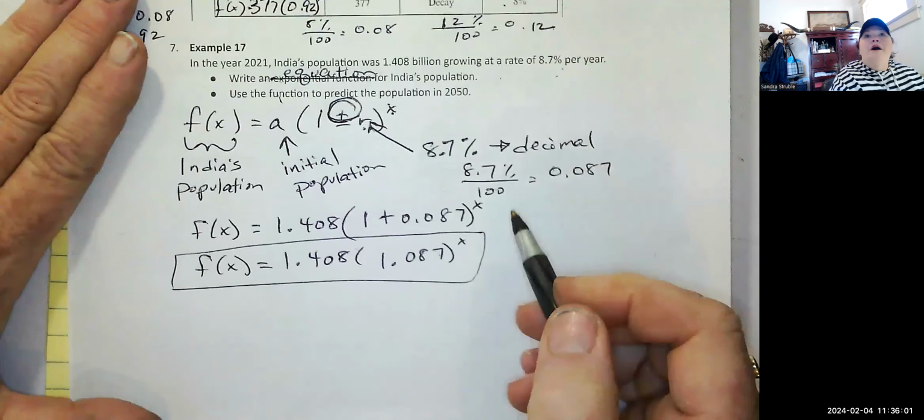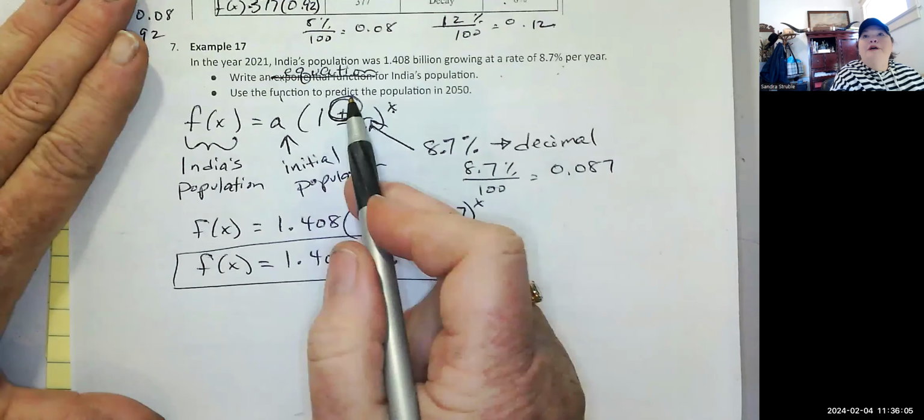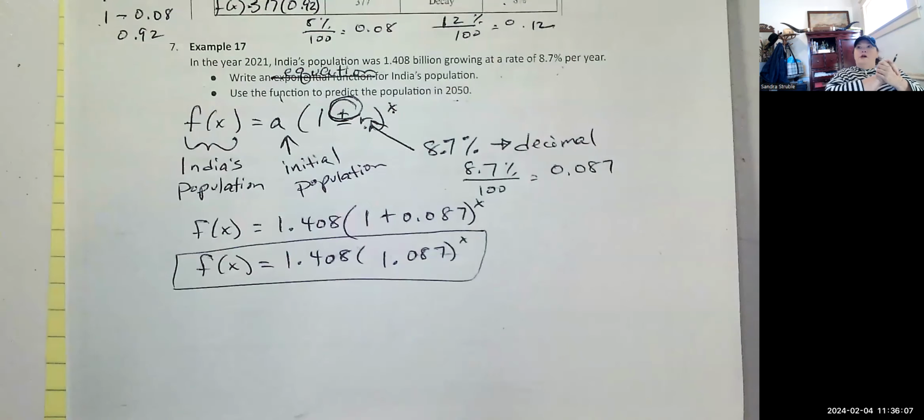Use the function. So we're going to use the function we just created to predict the population in 2050. Well, how are we going to do that? In order to do that, we need to know what the initial population was and when it happened. The initial population was 1.408, and it happened when? 2021.